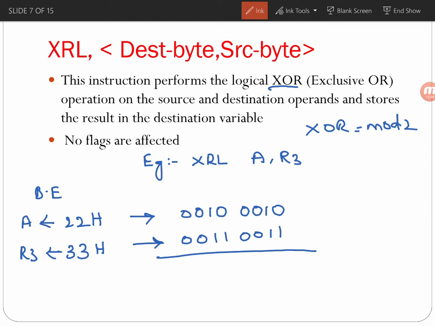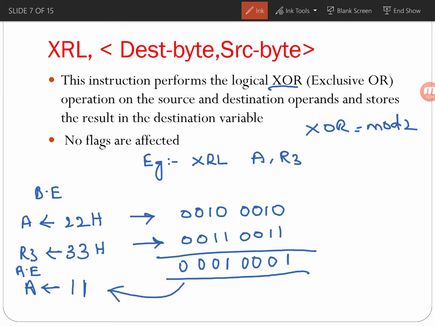When both the inputs are dissimilar, when they are not the same, the output is 1. Output is 0 when the inputs are the same, and output is 1 when the inputs are different. So after execution, the accumulator A will have 11H. So this is about the XOR operation between the source operand and the destination operand.